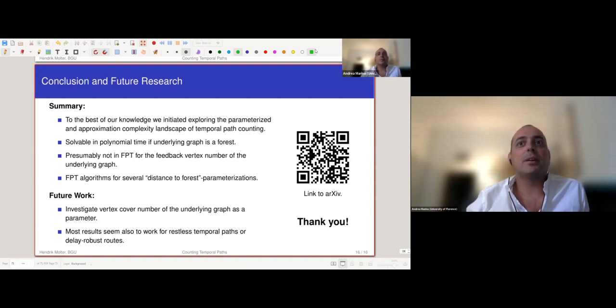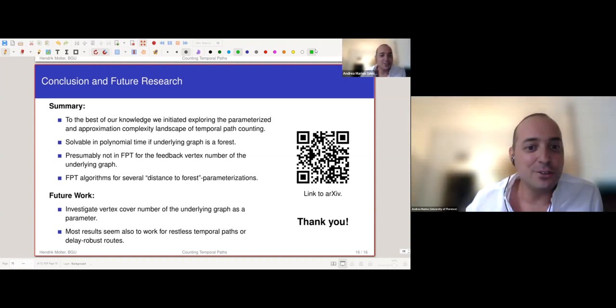There is a paper adapting the Johnson algorithm, which is an algorithm for enumerating paths in simple graphs with linear time delay. So they adapted the Johnson algorithm to the temporal setting. Now, since that algorithm is output sensitive, when you have a polynomial number of solutions, you get a polynomial algorithm also to count. Okay, so that's what I wanted to say.